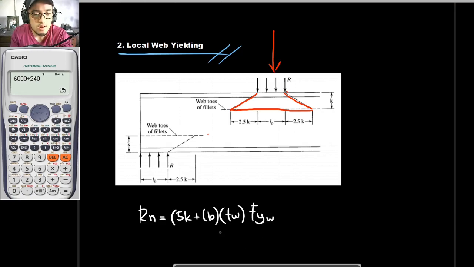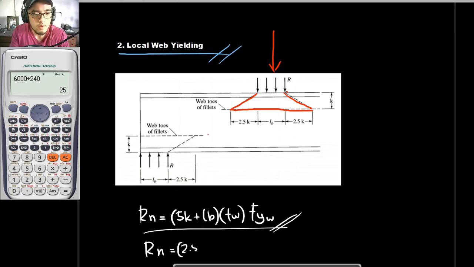So that is the formula if you would be considering this one right here kapag nasa midspan siya or any location that is not on the edge. Kasi kapag nasa edge naman, ang Rn is equal to, so if you can see this length right here, this is LB plus 2.5k.